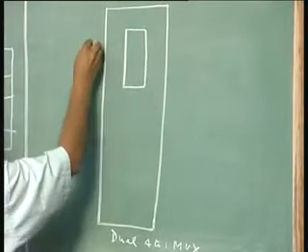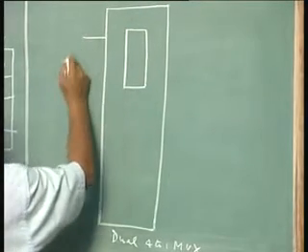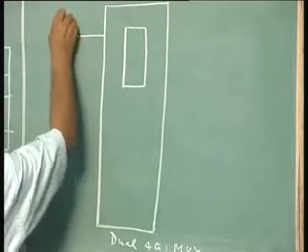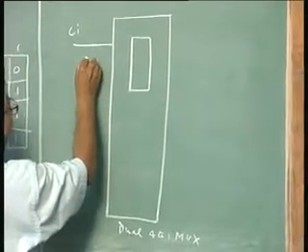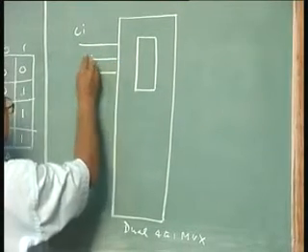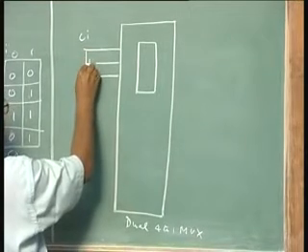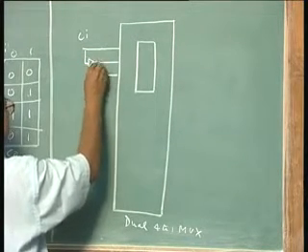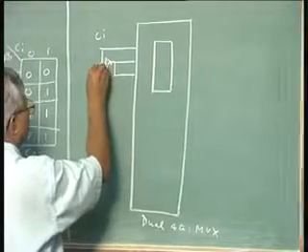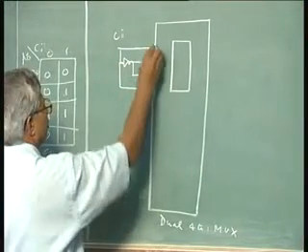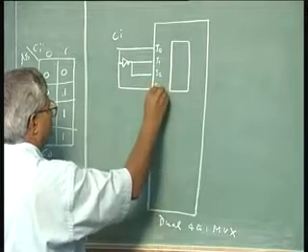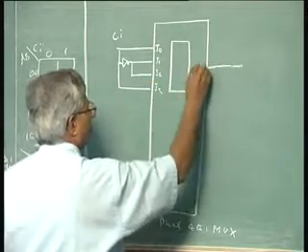The first mux, I will connect CI, and to the second and the third I will connect CI bar. This is I0, I1, I2, I3 corresponding to the first mux.